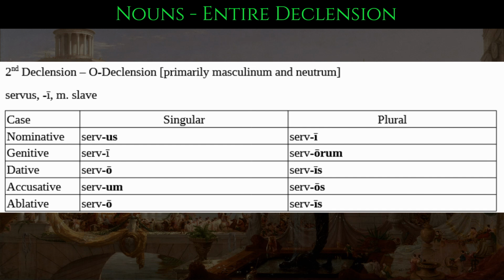Second declension, the O declension. This one is primarily masculinum and neutrum. Again, we have our word entry on top. So, servus, servi, servo, servum, servo, plural, servi, servorum, servis, servos, servis.